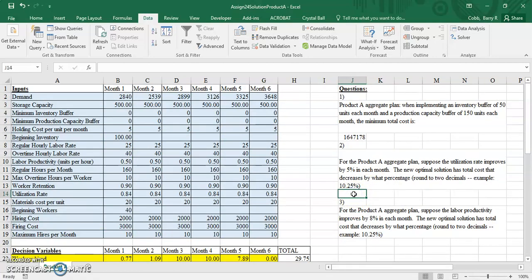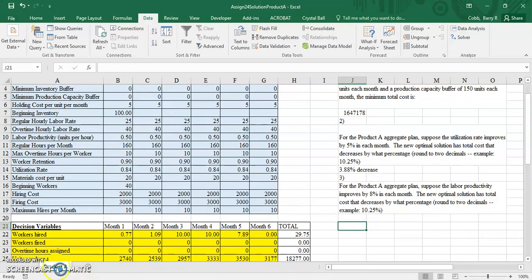So the answer is that this is a 3.88% decrease. Keep in mind, I'm using my product A model, and some of these questions you may get are for the product C model on the assignment, but they'll work the same way.